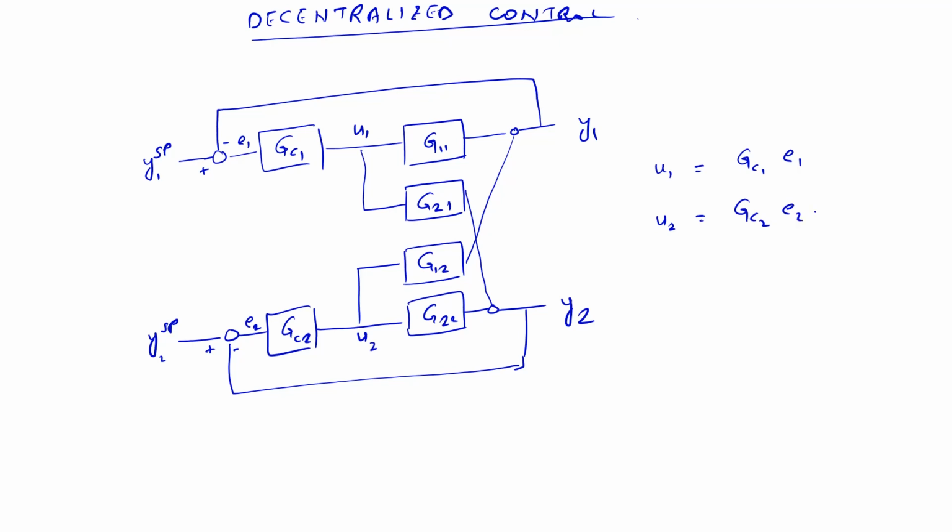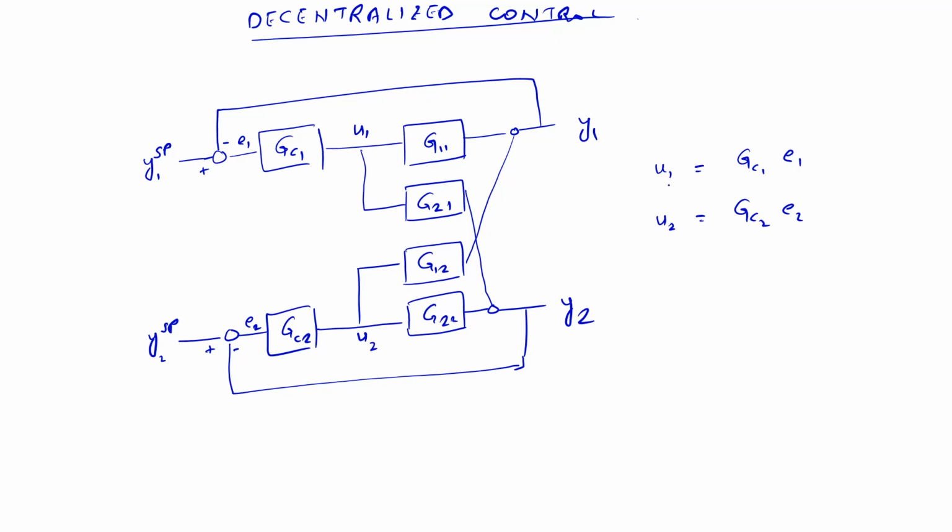U1 moves based purely on E1, U2 moves based purely on E2. That is why it is called decentralized control. You mind your own business, I'll mind my own business. So the Y1 controller does not bother about what the neighbor is doing. And I think that's the best way of living life, because if you start poking your nose in your neighbor's affairs, things can go south very quickly.